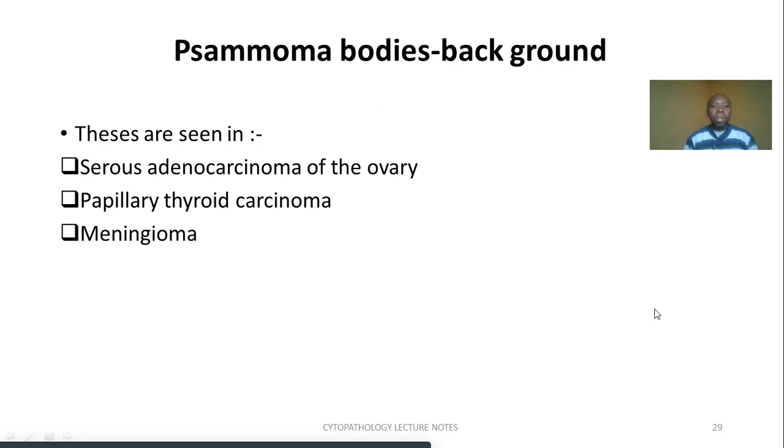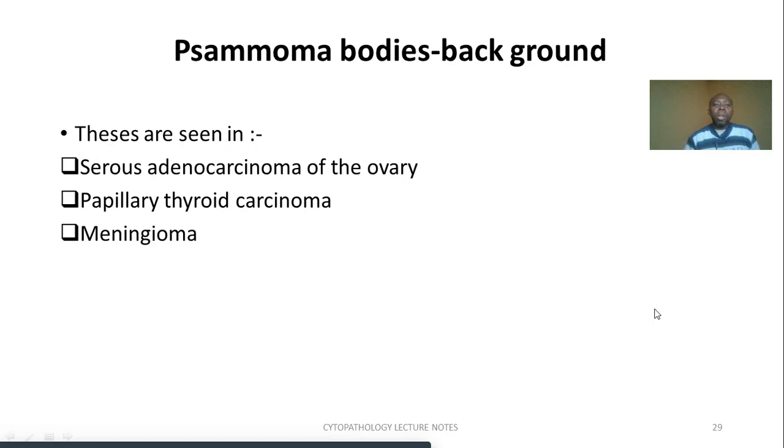This is just a confirmation of thyroid papillary carcinoma. Some of these features and backgrounds are very important when we are making our slide examinations and concluding on the diagnosis.